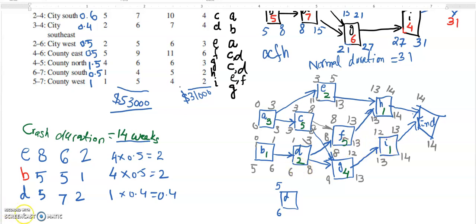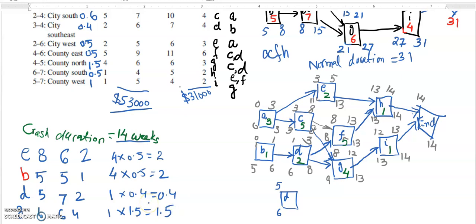So here we can see that G has a slack available of 1, and G's duration was changed from 6 to 4, but we only use 1 day of slack. So that is at a saving of 1.5, so it will be 1.5.